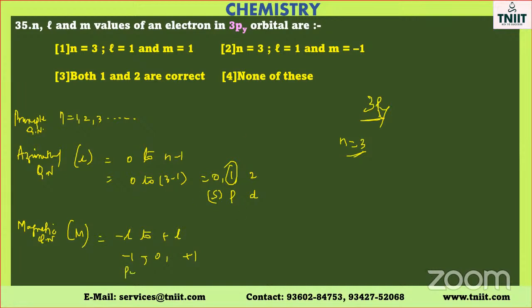So m will have minus 1 or plus 1 value. Therefore, n is 3, l we found to be 1, m can be plus 1 or minus 1. So the answer here is option 3, both. It can be either option 1 or option 2.